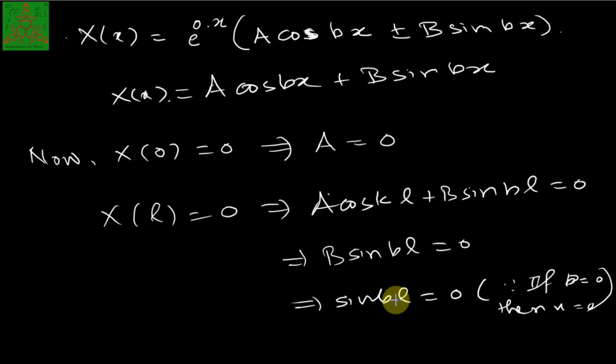If sin bL is 0, that means bL is n pi, since sine is 0 for 0, pi, 2 pi, minus pi and so on, where n runs from 1, 2, 3 and so on. That means the value of b, which gives the lambda we got, is n pi by L.